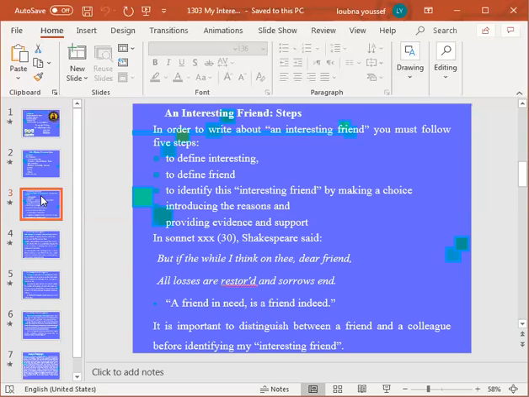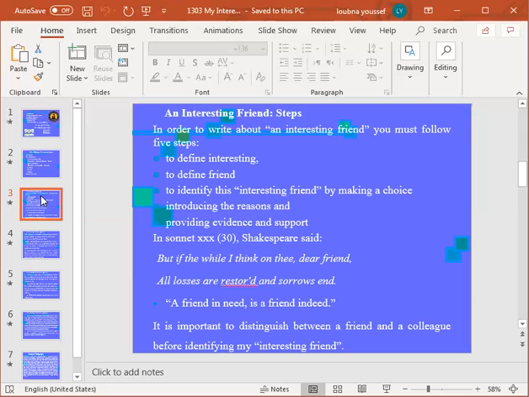Now, this is a quotation from sonnet number 30, and this quotation comes at the end of the sonnet. In this sonnet, he describes how unhappy he is, how miserable, how many problems he has in life.